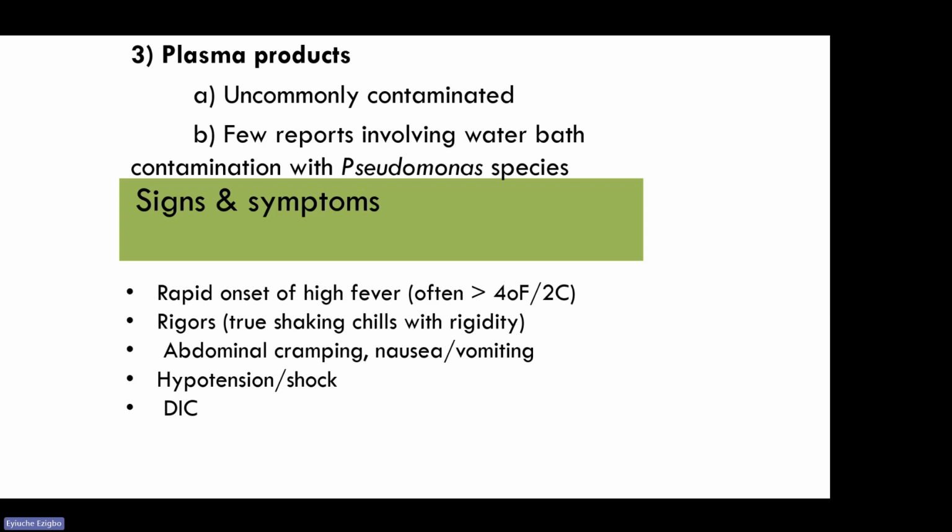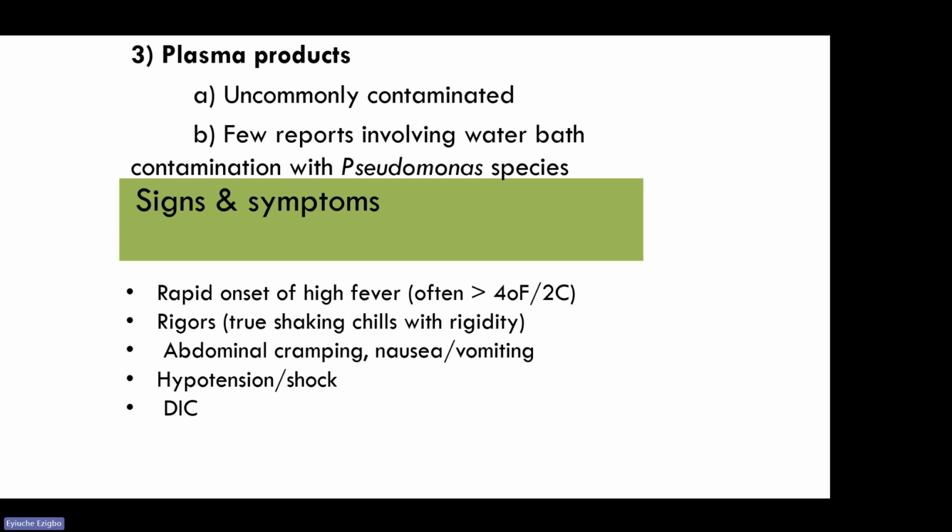The onset of the fever is quite rapid and is often high, greater than 4 Fahrenheit or 2 degrees centigrade above the basal body temperature. We have rigors, that is true shaking and chills with rigidity. You have abdominal cramping, nausea, vomiting, hypotension, shock.